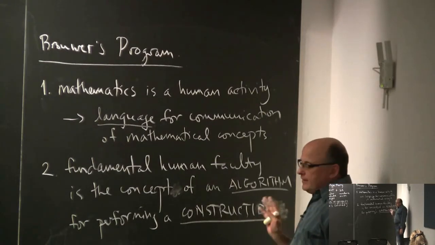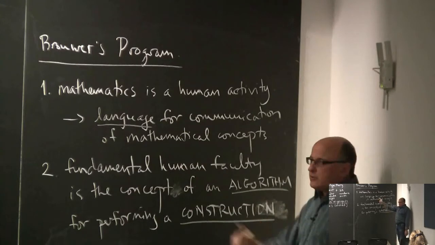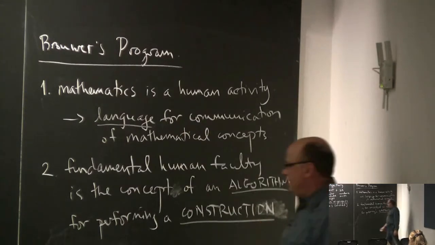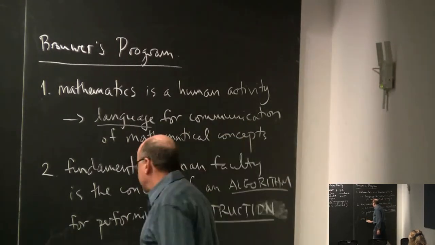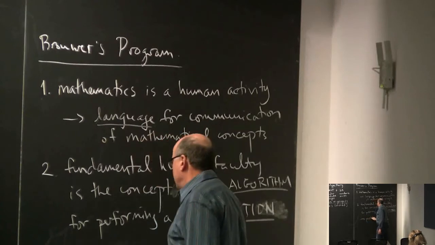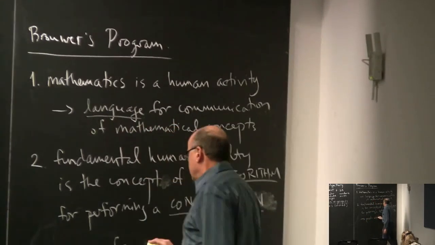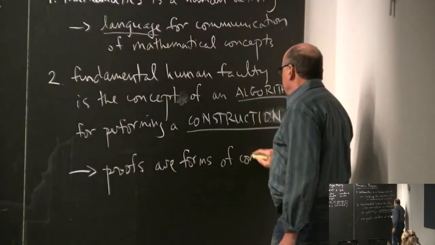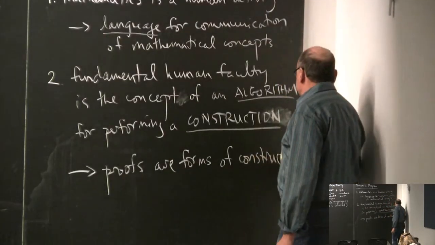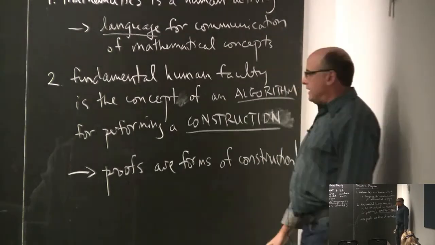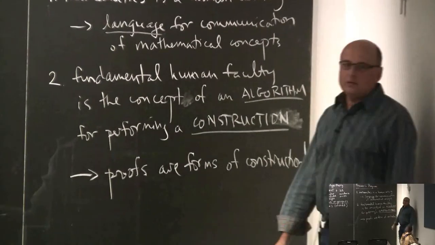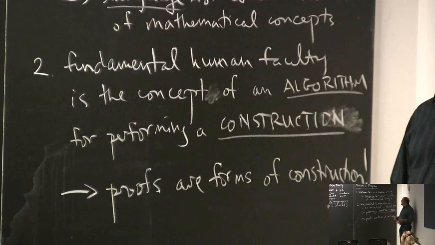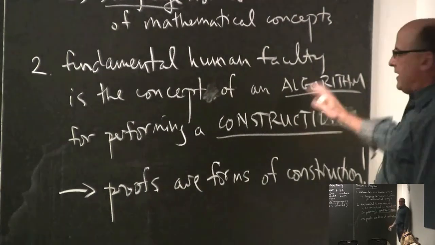And then the radical point, which is extremely central to homotopy type theory, is this one, which is that proofs are forms of construction. And this has some surprising and important consequences. So the notion of a proof in mathematics is nothing other than the notion of an algorithm or a construction.